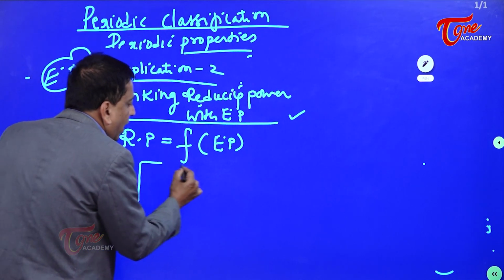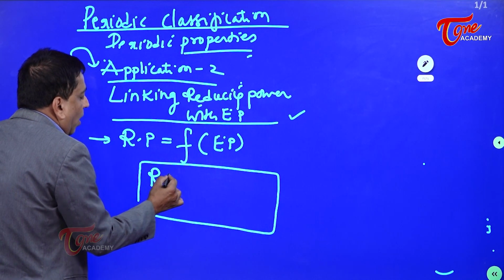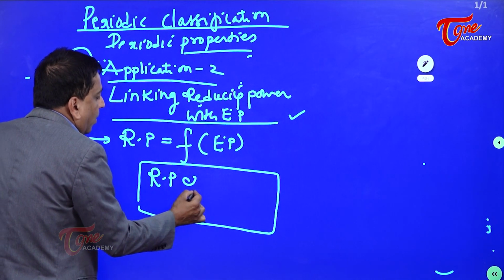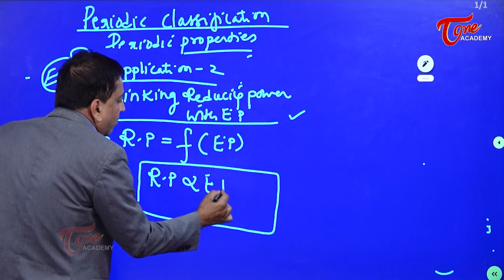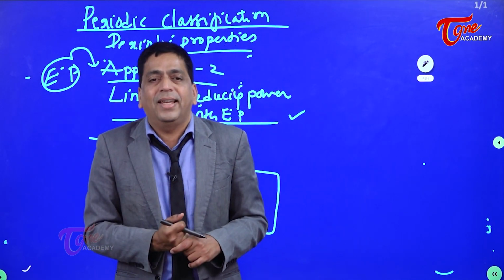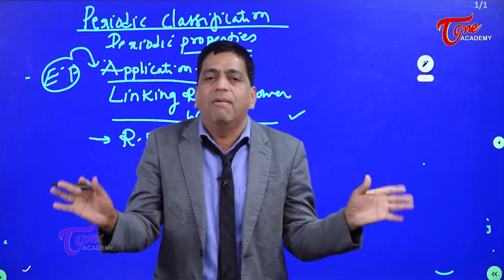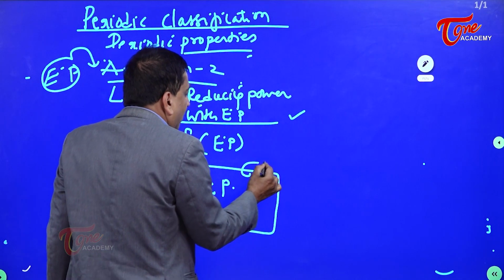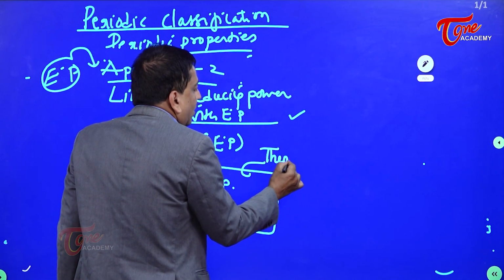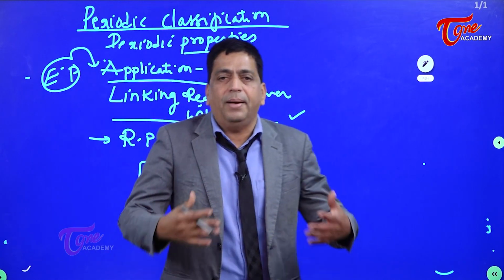I can give you the relation: reducing power is directly proportional to electropositivity. Greater the electropositivity, greater is the reducing power, and theoretically this is correct.